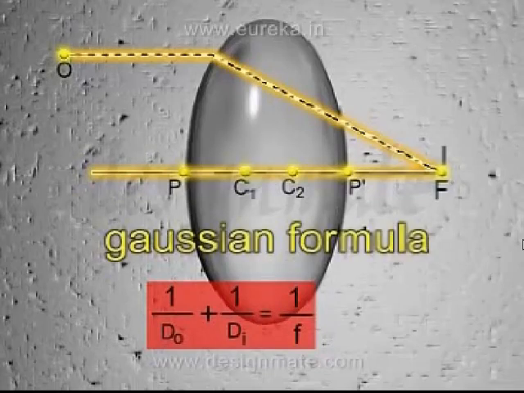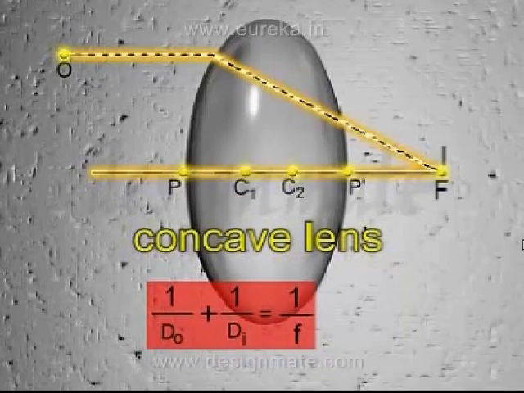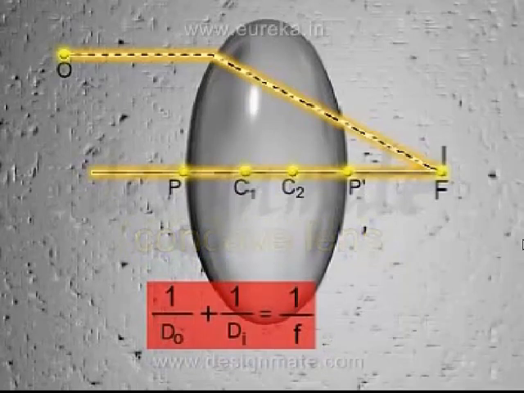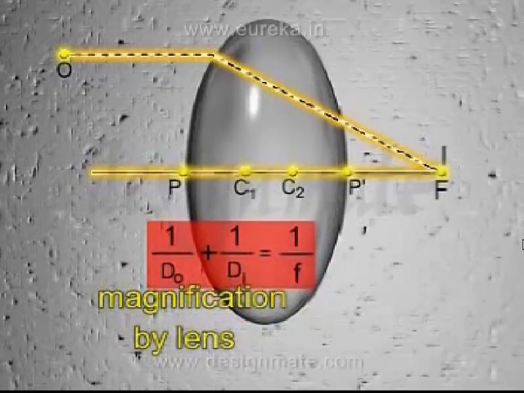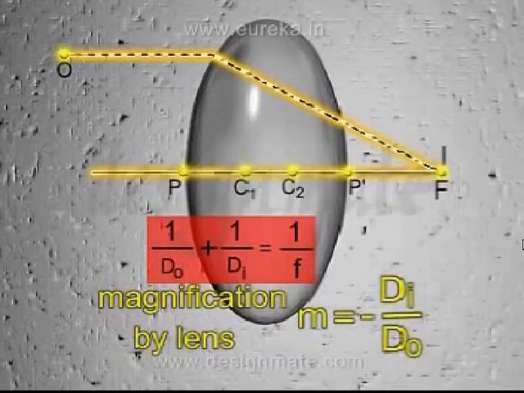It is known as Gaussian formula for the lens. Same equation exists for concave lens also. The formula for the magnification by lens can be also obtained in the same way adopted for mirrors, which is m is equal to minus DI upon DO.